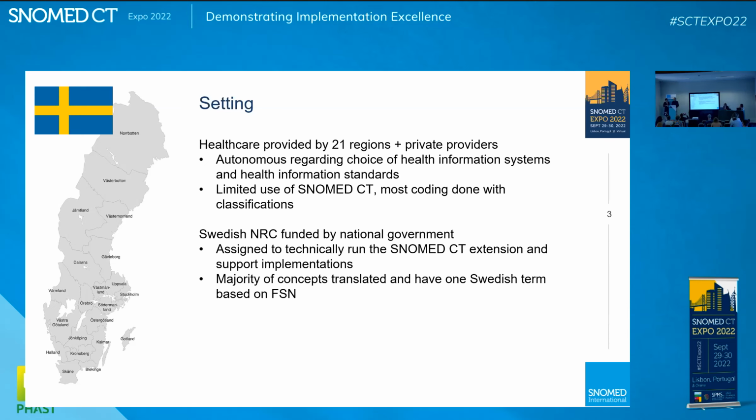Sweden has kind of a distributed mandate when it comes to healthcare. There are 21 healthcare regions. There are private providers as well, mostly publicly financed. The healthcare regions are autonomous.